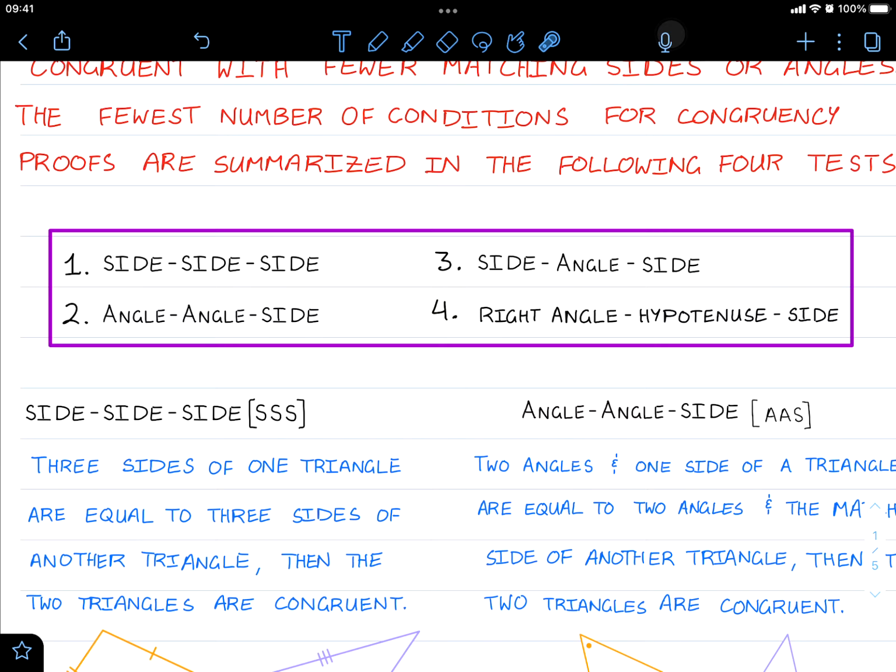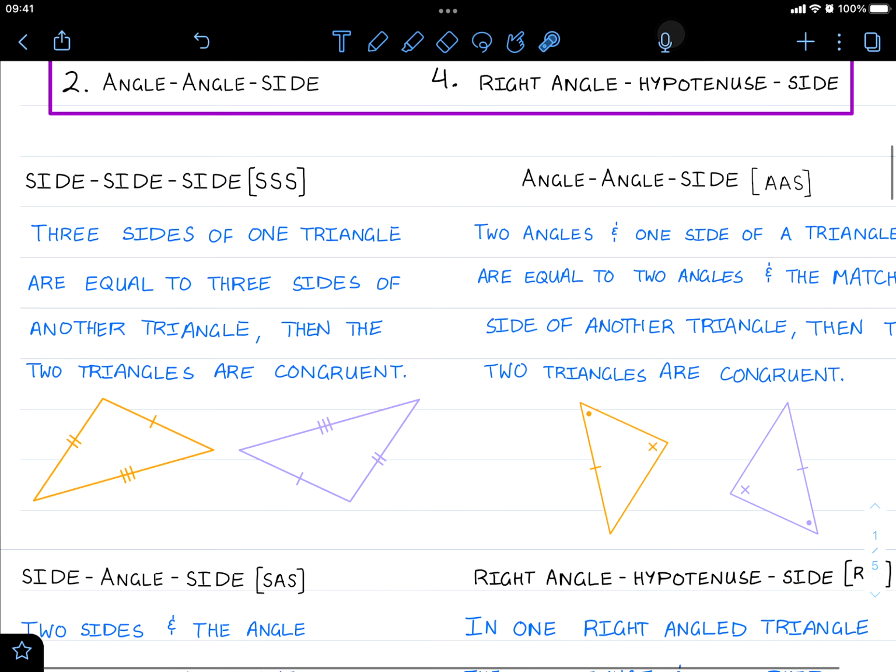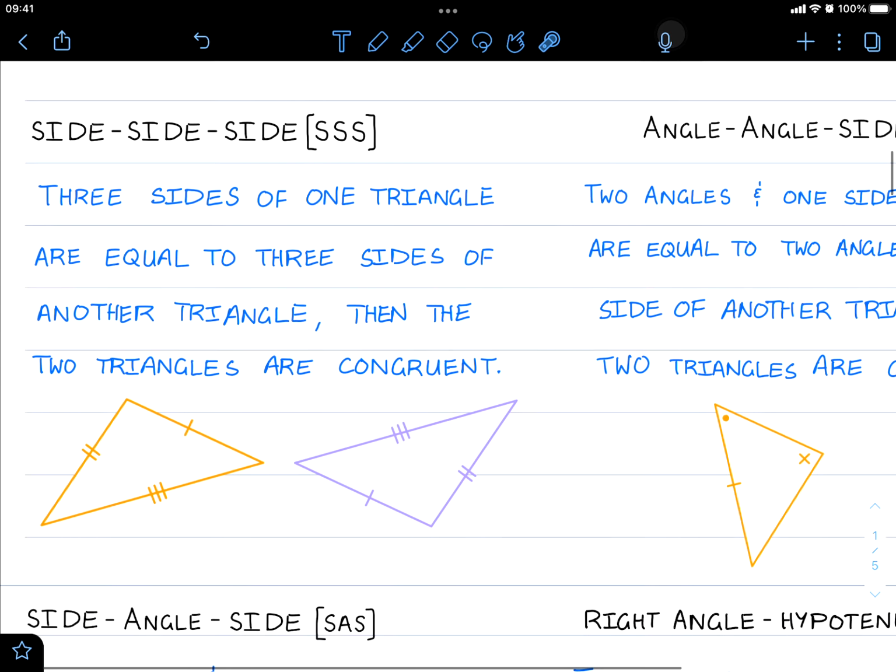I'll summarize this very shortly now. So, side, side, side, SSS, very straightforward. If you can find 3 matching equal sides, 1, 2, and 3, then these 2 triangles are congruent. Very straightforward with this one.